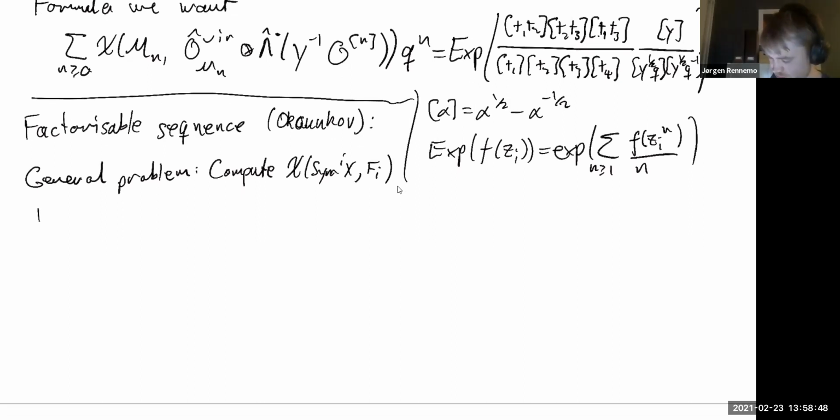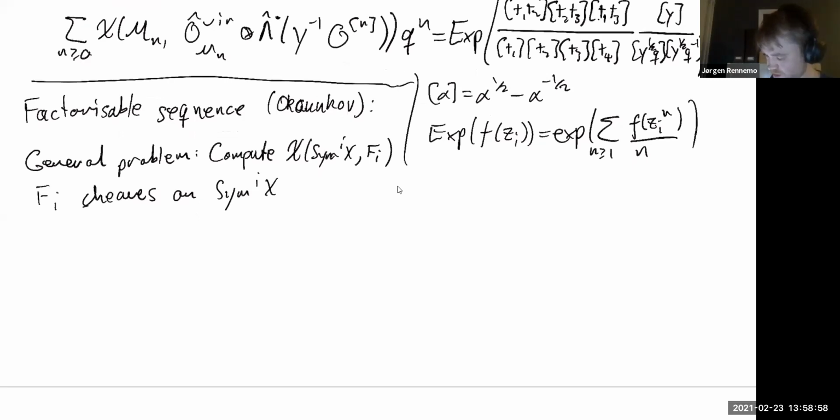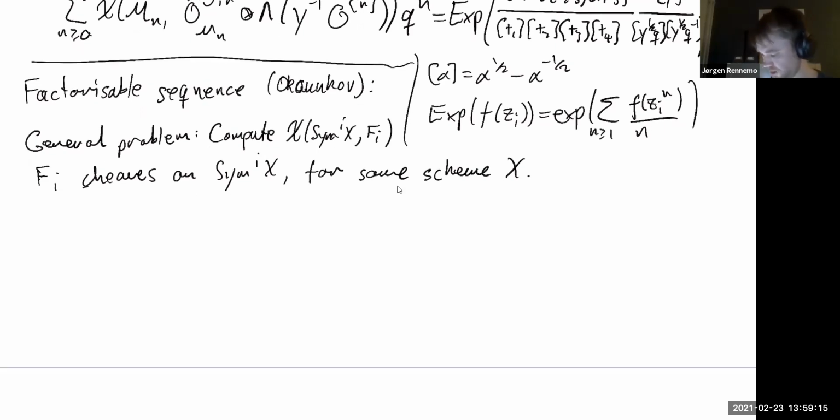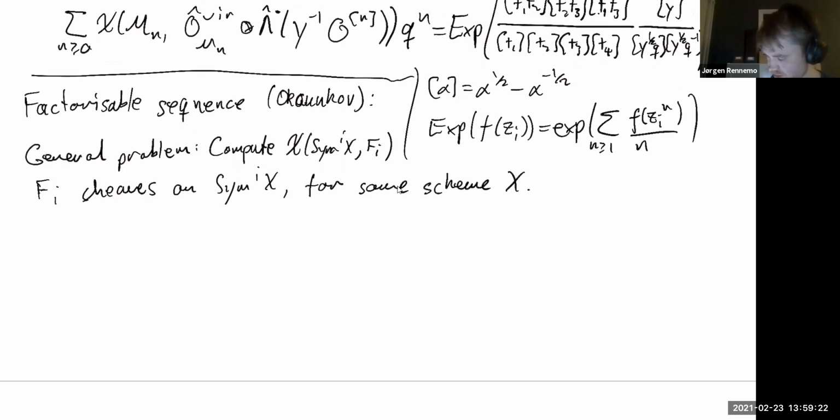So here Fi are sheaves on Sym^i X for some scheme. There are various natural candidates for what Fi can be, and that gives you lots of different enumerative geometry problems. And in our case, the Fi will be these guys.